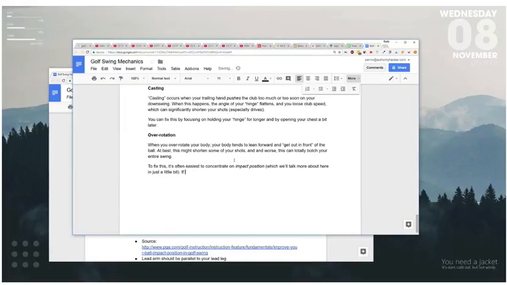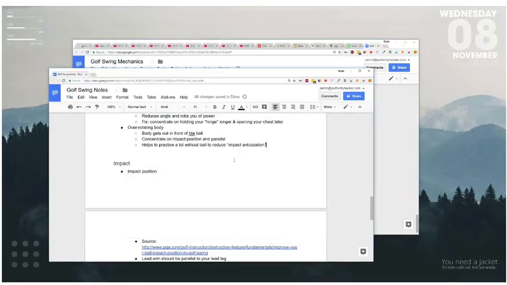If your impact position is good, it almost always means your shoulders, hips, and chest are rotating correctly.